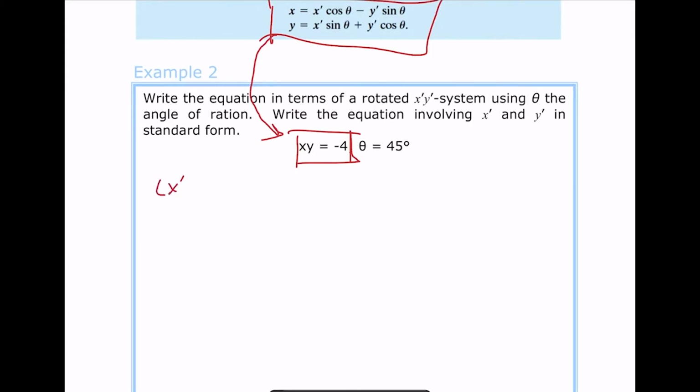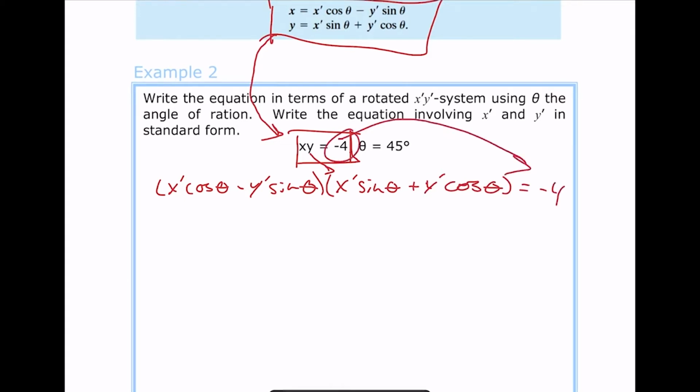Instead of x times y, we now have x prime cosine theta minus y prime sine theta, so that was my x value, times our y value, which is from above x prime sine theta plus y prime cosine theta, and that's equal to -4.